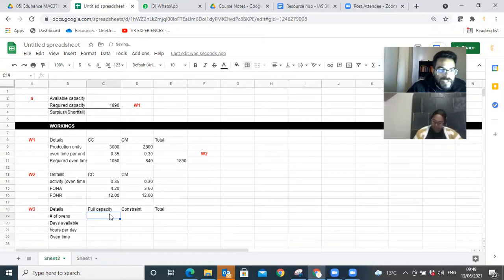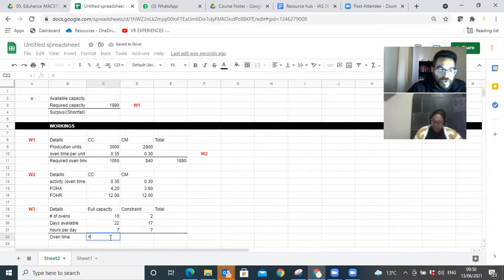The full number of ovens: it is 10 ovens that are available for the full 22 days for 7 hours per day. This one over here, there's only 2 ovens that are under constraint. They're available for 22 minus 5 days, because 5 days are out of order, and there are still 7 hours available.